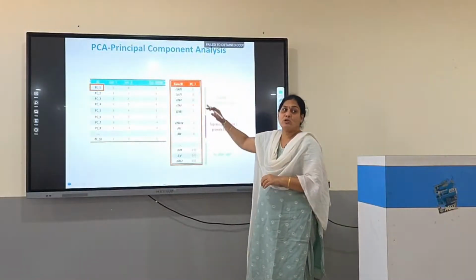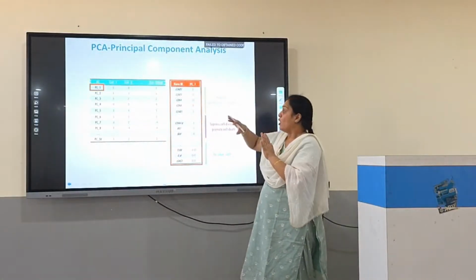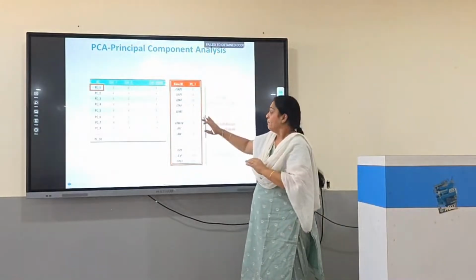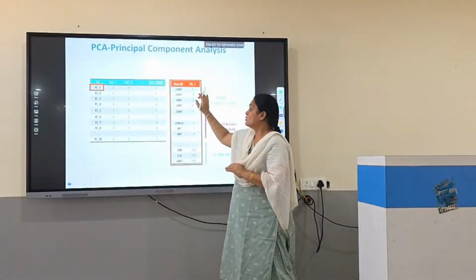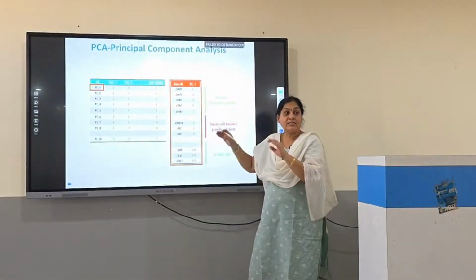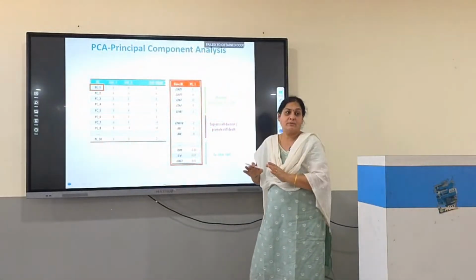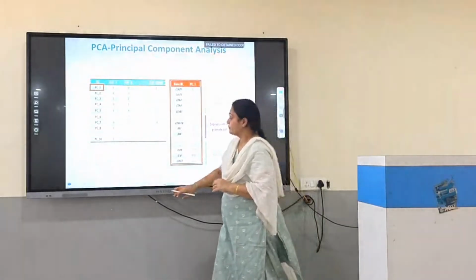So how the principal component is learning is based on each cell. For each cell, it is going to give some values. That is how the principal component is formed.